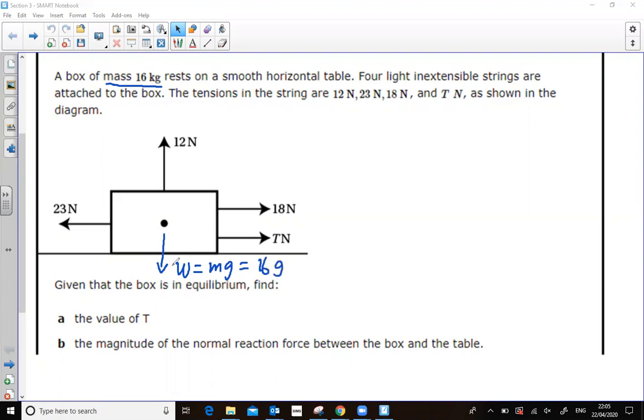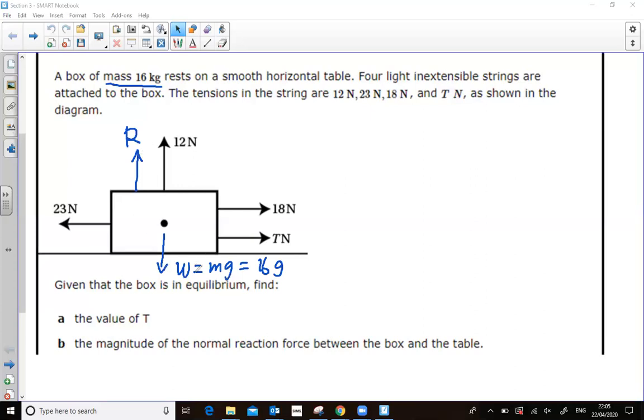Now, if there is a weight, and the box is resting on the surface, that means there must be a normal reaction force acting perpendicular to the surface. But we don't know what the normal reaction is in this case yet. We will find out later.